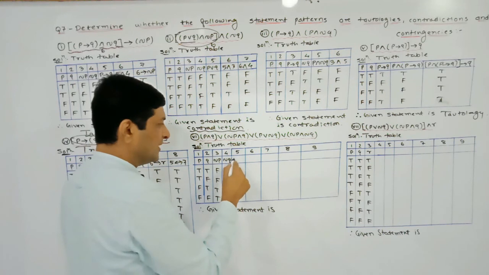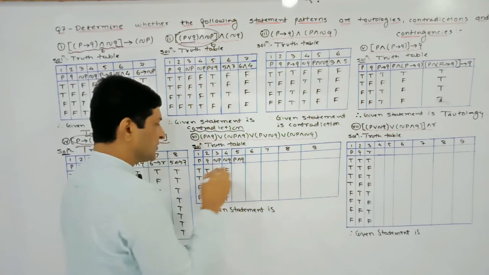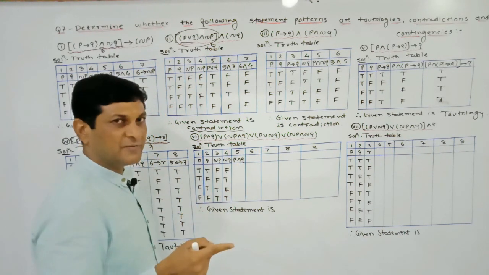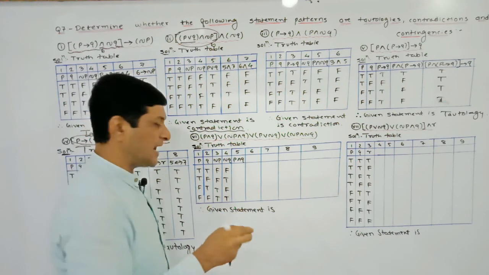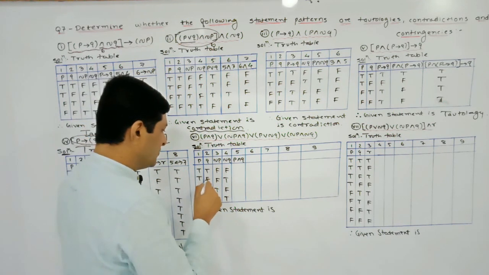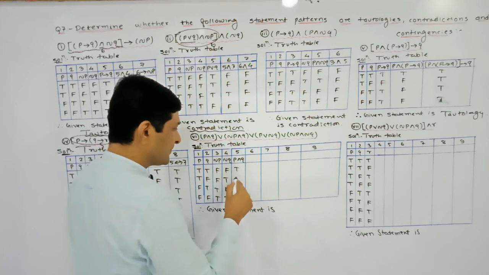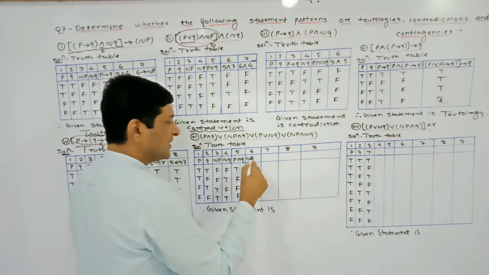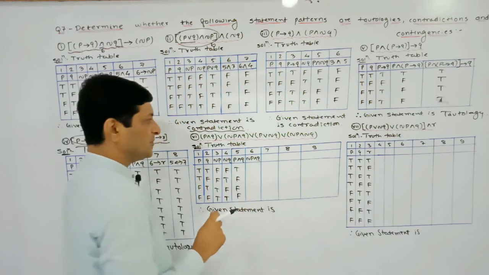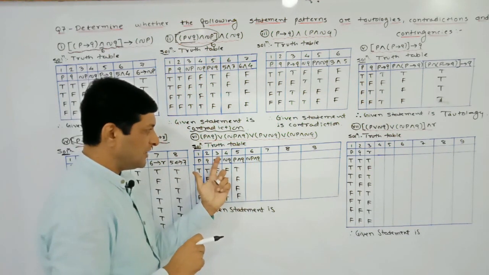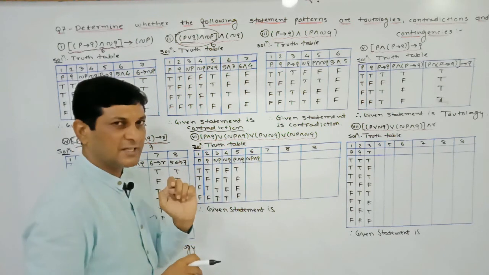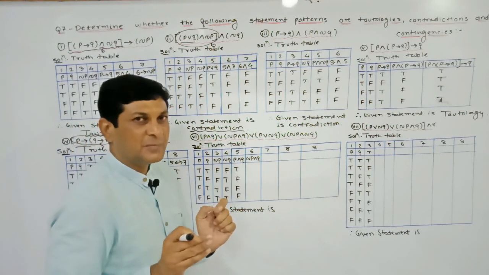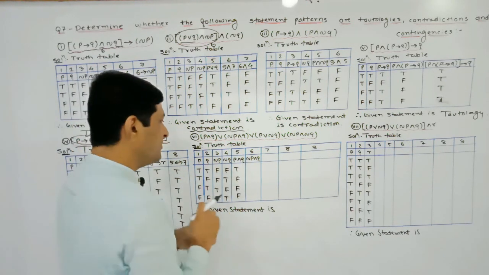Now P and Q. So we are connecting these two statements by AND, and in case of AND, if at least one statement is false, AND will be false. So here true, false, false, false. Later on, find out truth value of negation P and Q. So means we are connecting negation P and this Q by which logical connective? AND. In case of AND, if at least one statement is false, AND will be false.